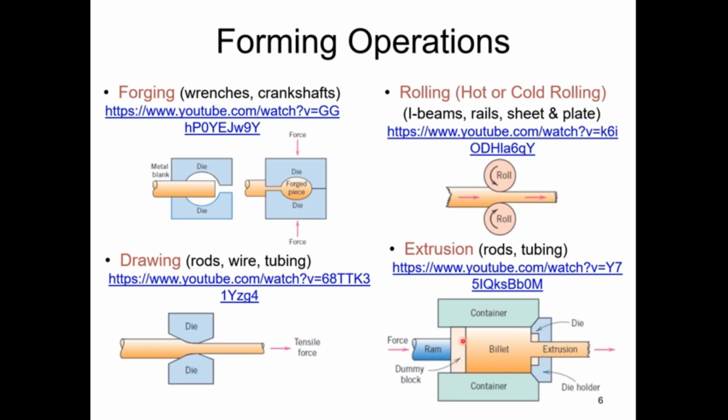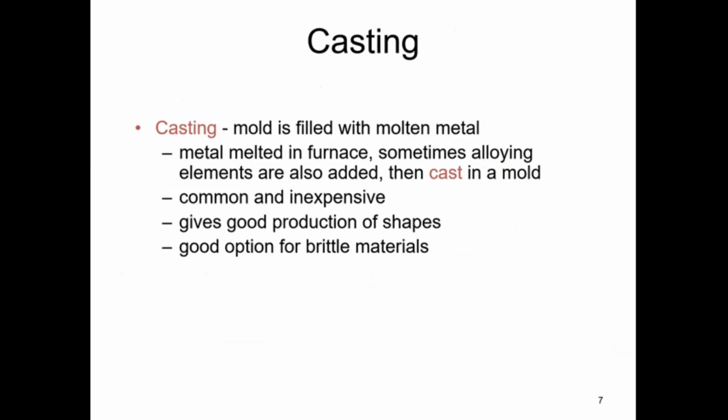The extruded piece that emerges has the desired shape and a reduced cross-sectional area. These extrusion products include rods and tubing that have complicated cross-sectional geometries. So if you want to produce rods or tubing that have complex cross-sectional geometry, we can use this extrusion method.